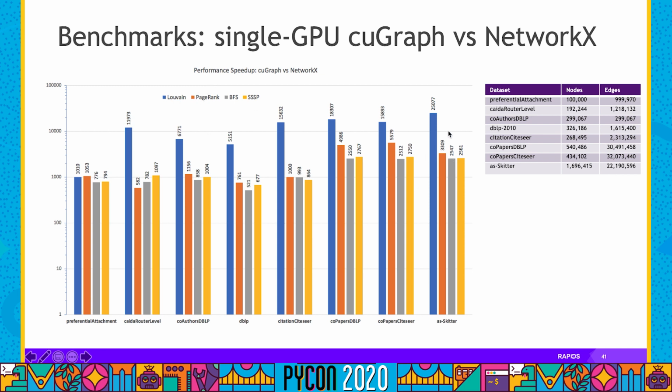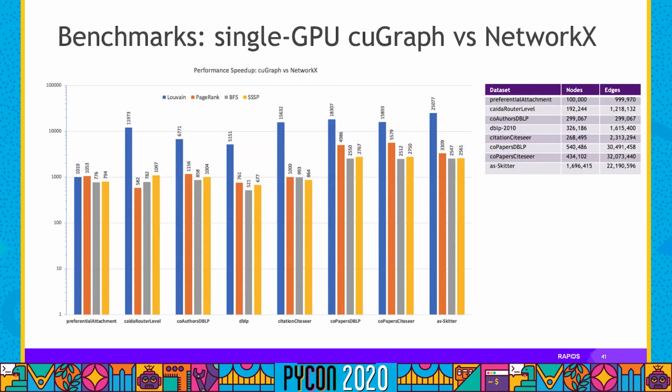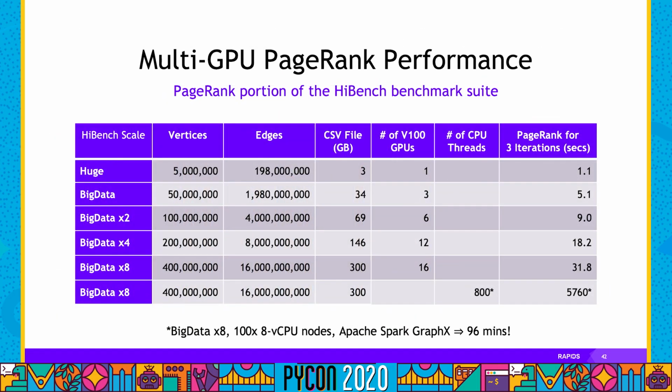Let's choose PageRank. 3309 speedup. So that much faster than NetworkX. And that's actually a pretty nice size graph, right? Again, single GPU. If we go to multi-GPU, we can talk about even larger graphs.